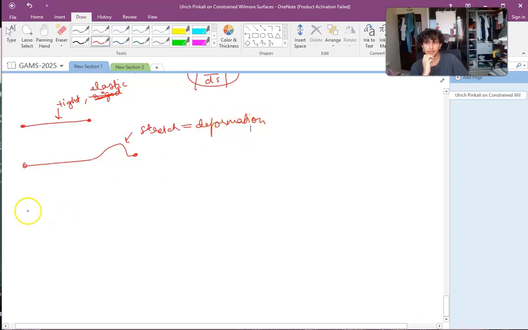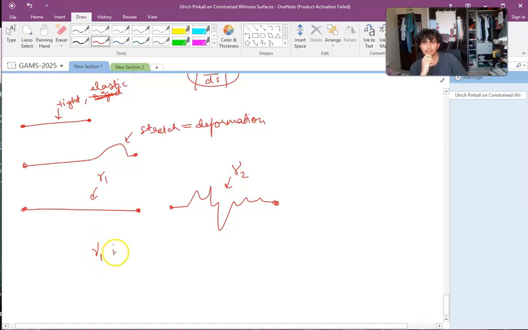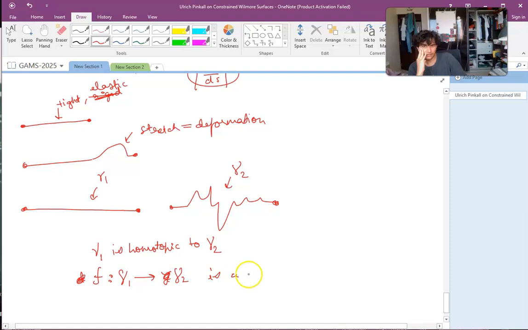Now deformation, formally defined, is like if you have a line like this and some other line like this. This is gamma 1, this is gamma 2. If gamma 1 is homotopic to gamma 2, then the map, let's call it F, that takes gamma 1 to gamma 2 is a deformation.